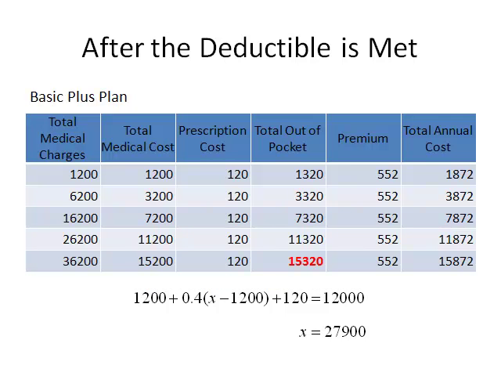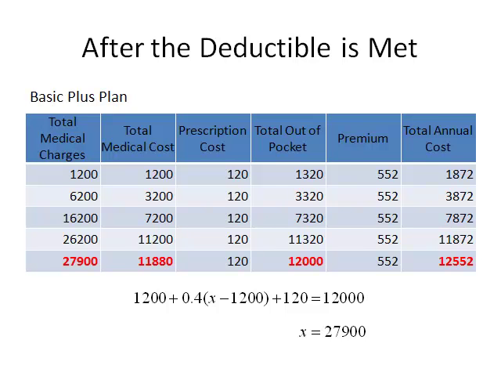To find this, we solve an equation corresponding to the deductible, plus the coinsurance, plus the prescription costs set equal to $12,000. The solution to this equation is x equal to $27,900. If we change the last row to correspond to $27,900 in medical charges, the total medical cost is $11,880.